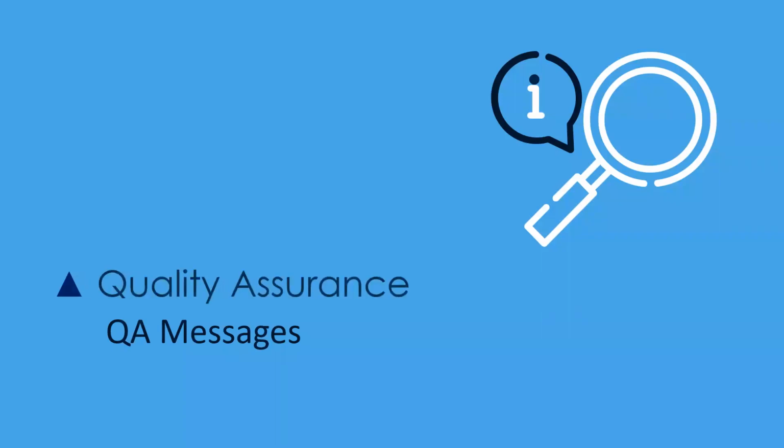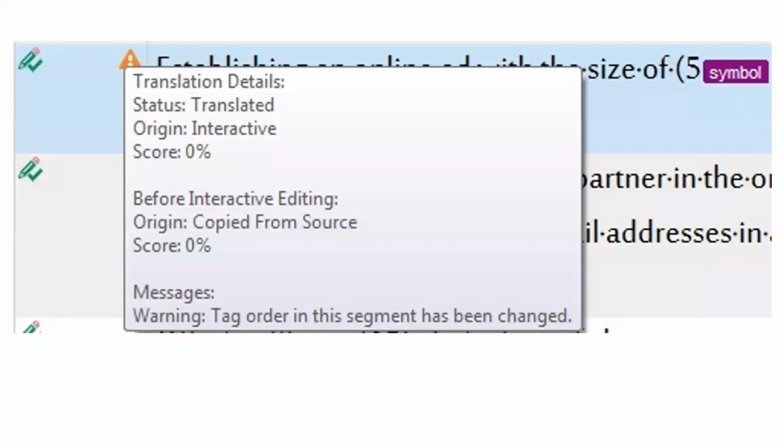we are still talking about quality assurance, and an aspect of it is QA messages inside these tools. An example from Trados: don't panic, you don't have to read all of the message. The line of warning is of utmost importance, which in this example says tag order in this segment has been changed.